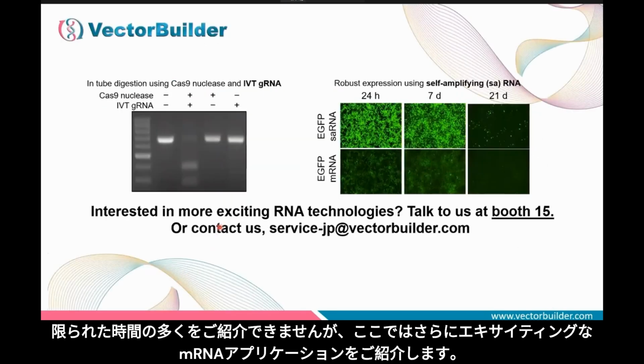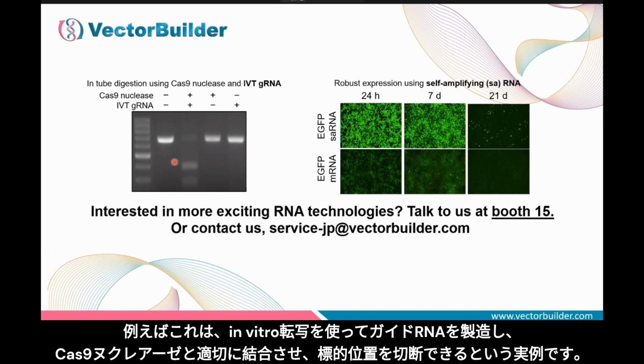With the limited time, we cannot share more, but here are some more exciting RNA applications. For example, in this case, instead of generating mRNA, we generated guide RNA using in vitro transcription, and we show that it can properly combine with the Cas9 nuclease and cut the targeted position.